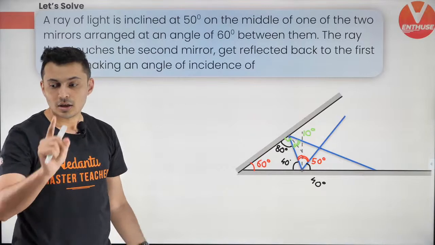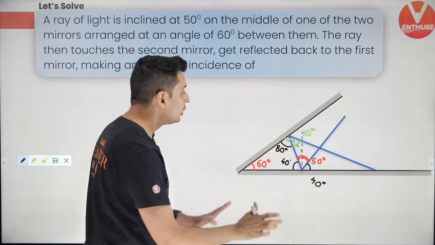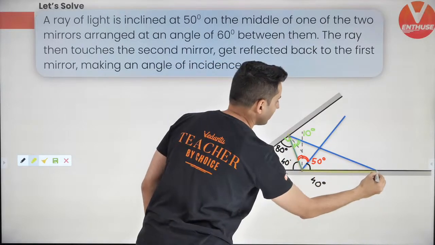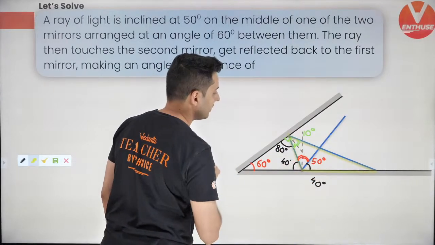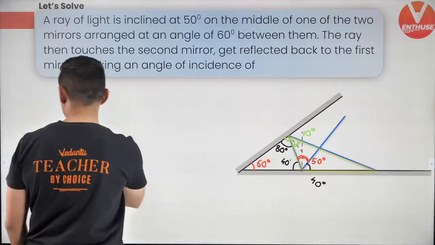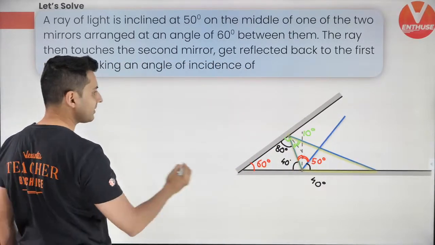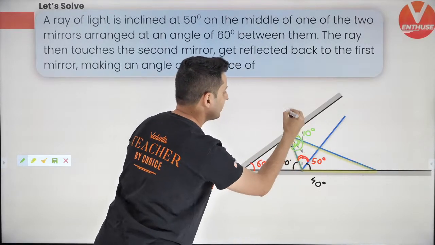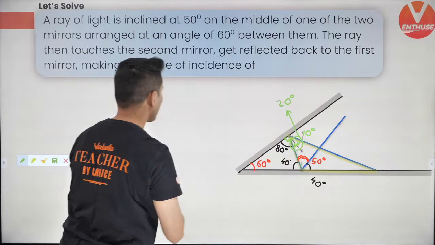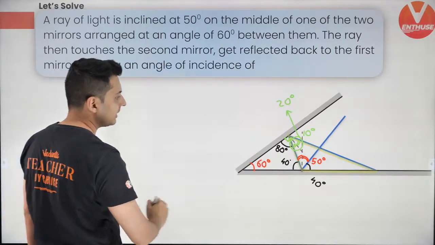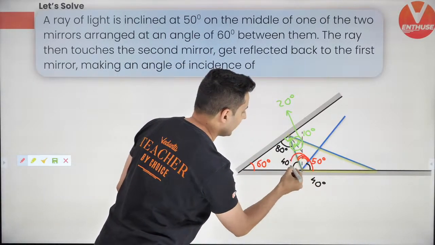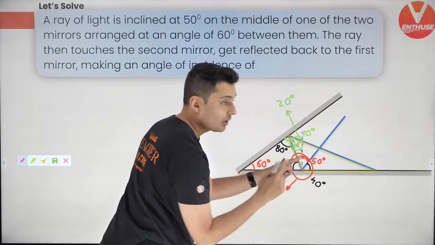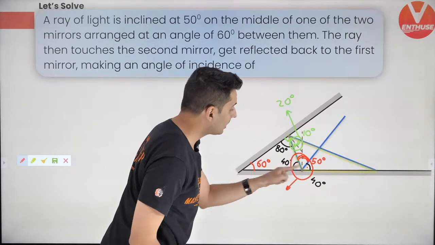Isn't that correct? Now, look at this triangle, this big triangle over here. Now think about it. What is this total angle over here? This total angle is 20 degrees, correct? Then also think, what is the total angle over here? This 50, 50, 100 plus 40, 140.